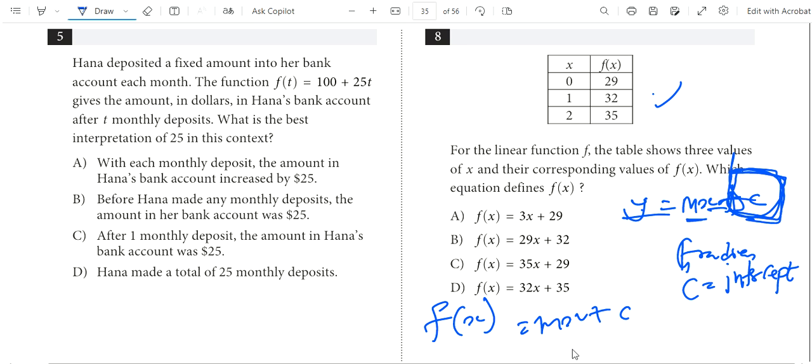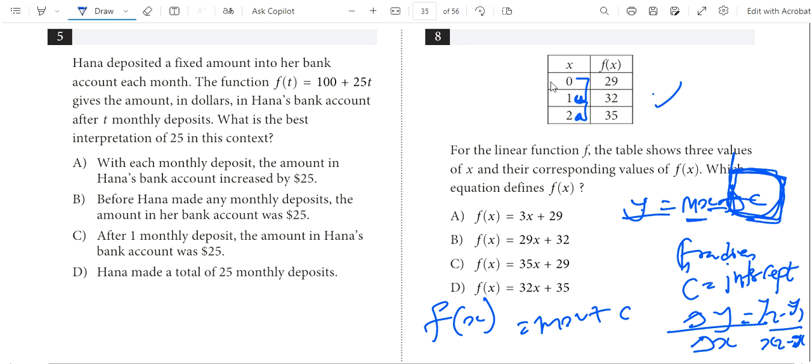To do this, all I need to do is figure out the change in y divided by the change in x, which is y2 minus y1 divided by x2 minus x1. I could use the first two or this, whichever I decide to use. So I'm going to use the first one.